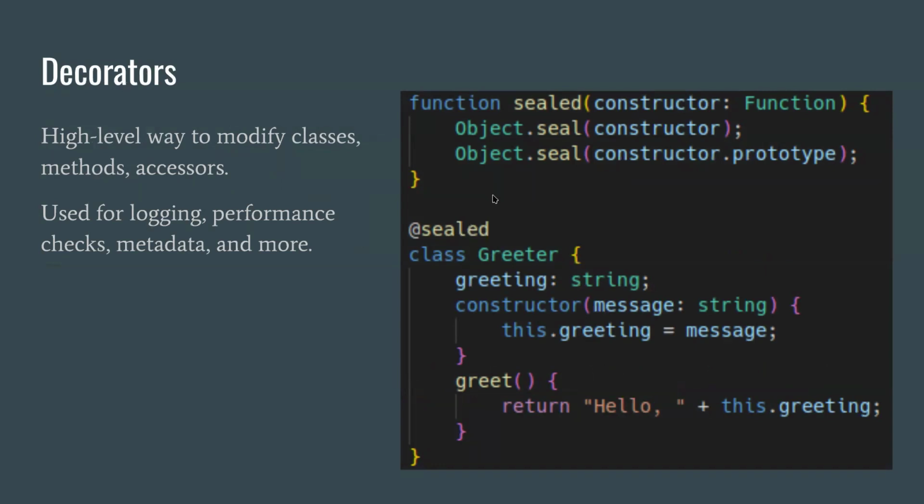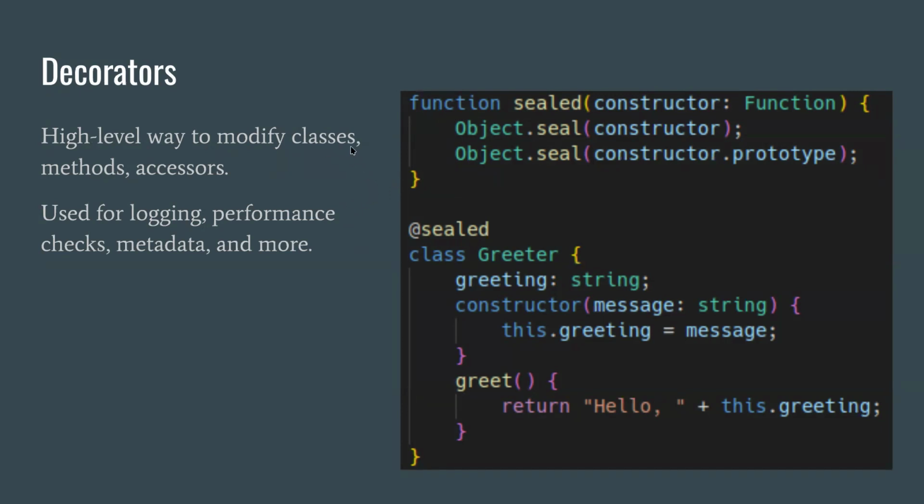Decorators. So decorators are available in TypeScript, and decorators provide a way to add annotations and a metaprogramming syntax for class declarations and members. Decorators can be used to modify classes, properties, methods, and accessors.